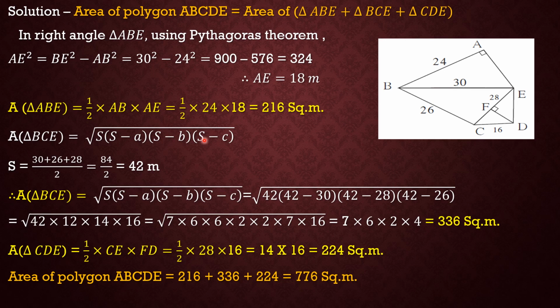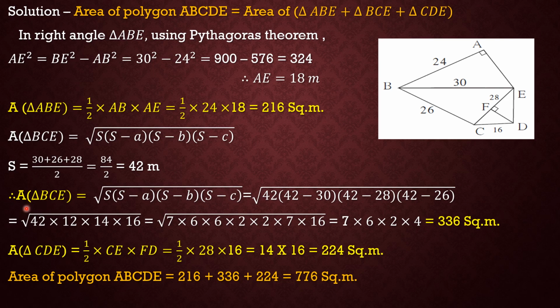This is Heron's formula. For using Heron's formula, we first find the semi-perimeter of this triangle. So semi-perimeter of triangle BCE is equal to 30 plus 26 plus 28 upon 2. This addition is 84, and 84 upon 2 is equal to 42 meter.